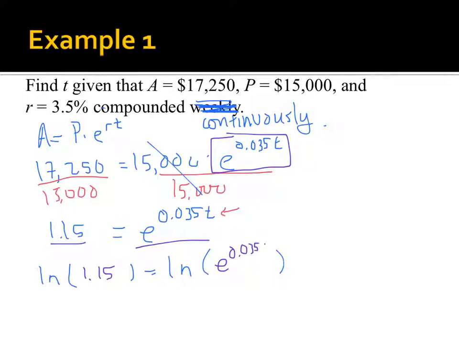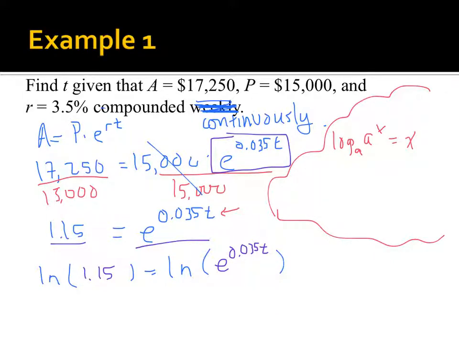And in a couple of videos ago, again, everything in math is related. A while back, I had told you guys that if you took the log with the base a and you had a to the x, this is also equal to x. And then we talked about how when you use the natural log of e to the x, it is equal to x. Well, that's kind of what's going on here. I have a natural log, I have an e, and then I have this in the power.